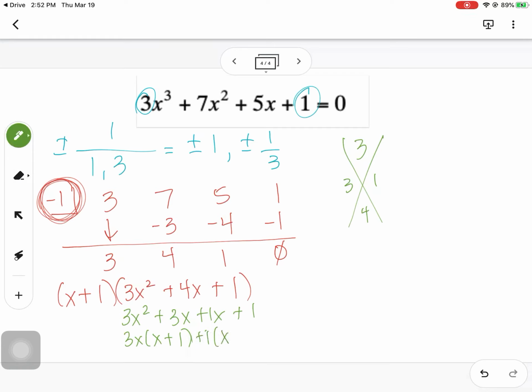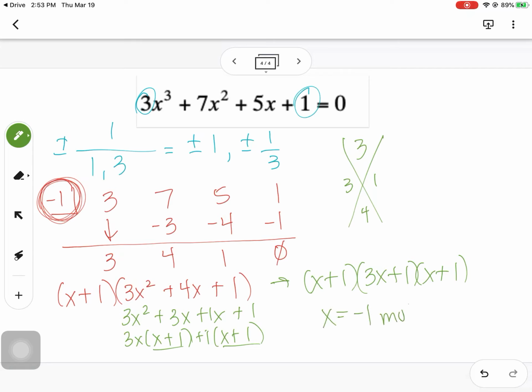Oopsies. Pull 1 out of the second part. And this will factor. You'll have the x plus 1 from the original, you then have 3x plus 1, and then another factor of x plus 1 from factoring your trinomial.